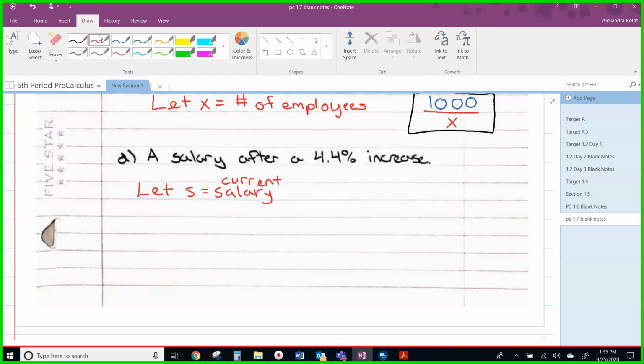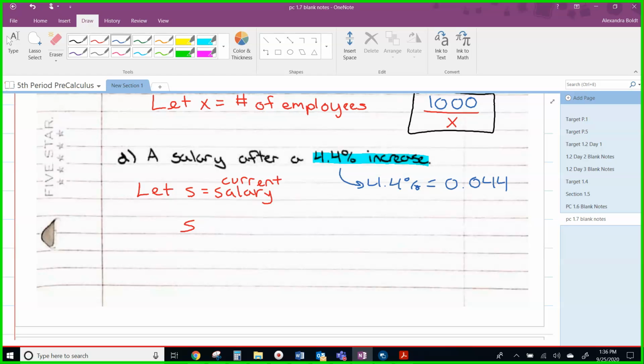Well, if I'm getting a raise, I get to keep all of my old salary, and then I'm getting this 4.4% increase. We don't use percentages in our mathematical equations. 4.4% is the same as 0.044. Remember, you move the decimal place twice to switch between decimals and percents.